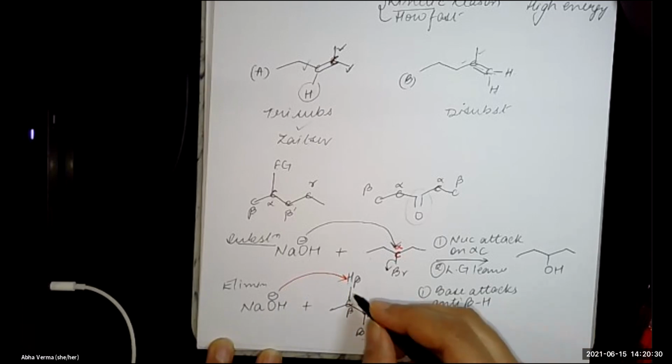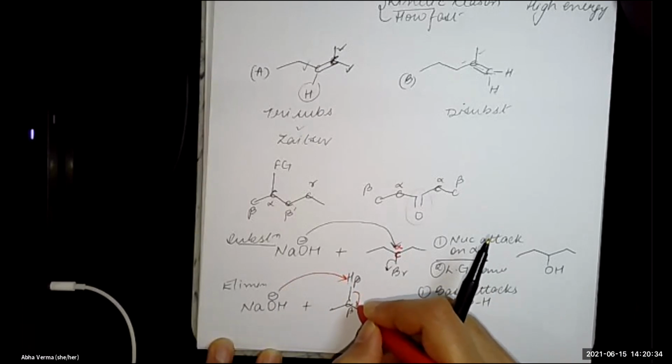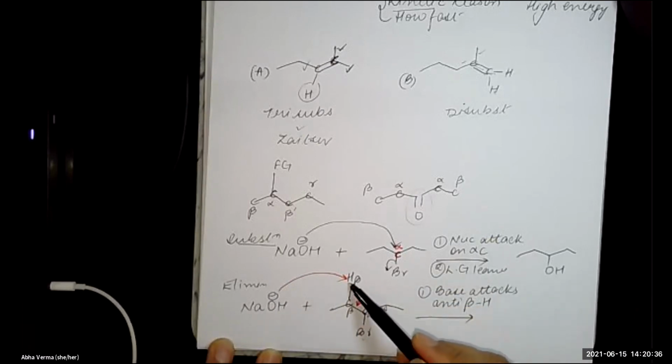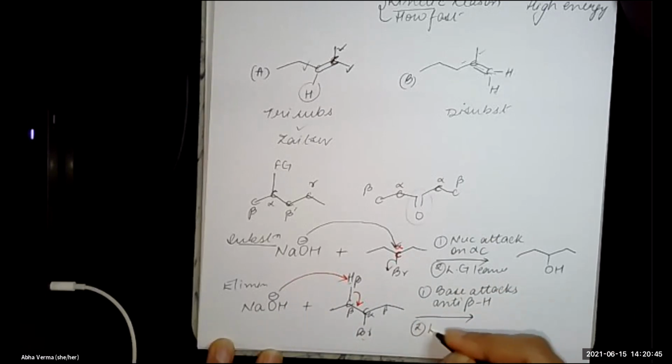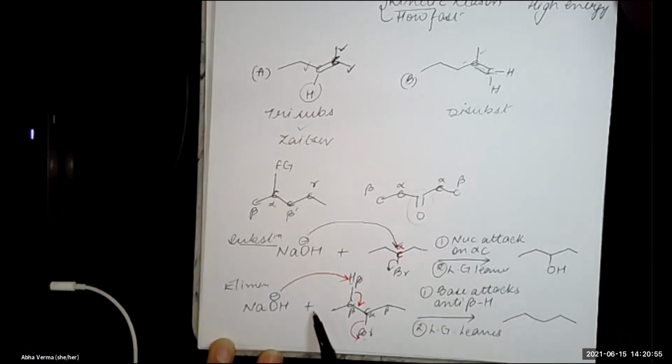Then the acid-base reaction is occurring. When my hydrogen is abstracted out, the hydrogen-carbon bond breaks. Now the leaving group leaves. And I will get what? I do not have my leaving group anymore.